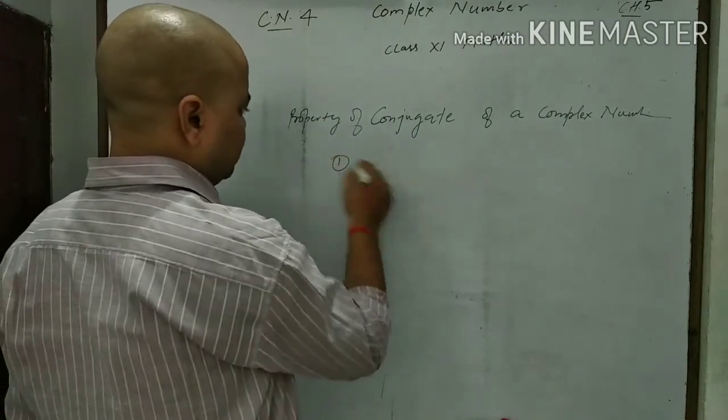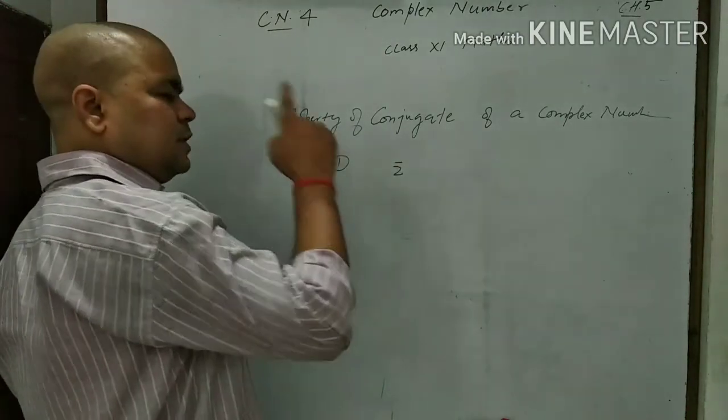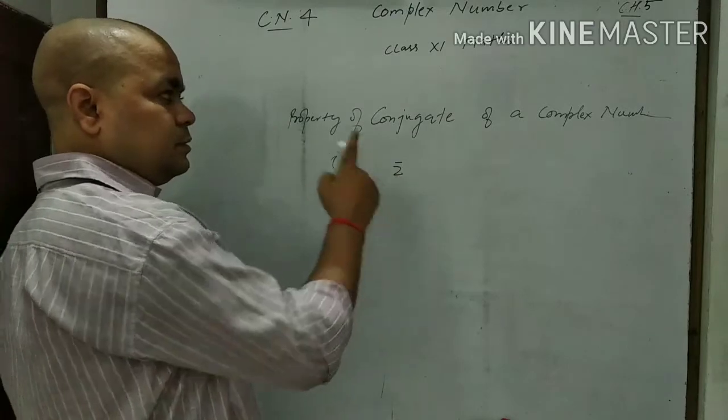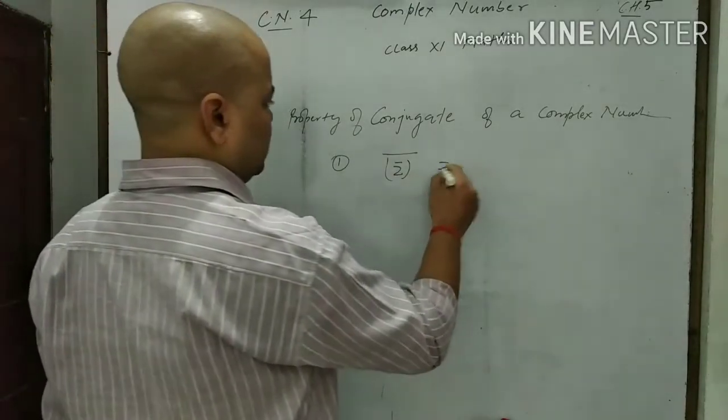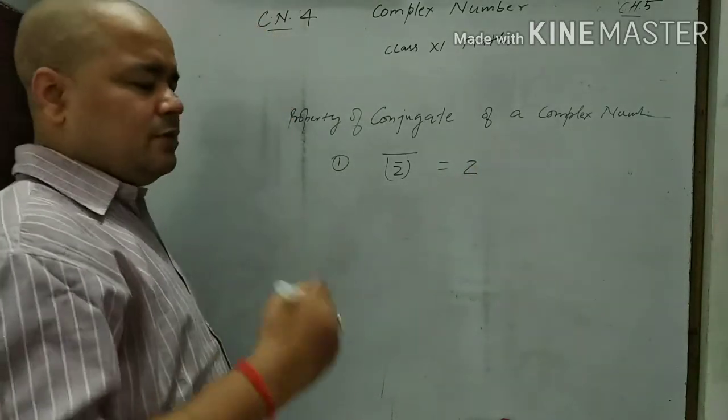The first one, if there is a complex number z and its conjugate is conjugate of z, again its conjugate will be equal to z. Already verified.